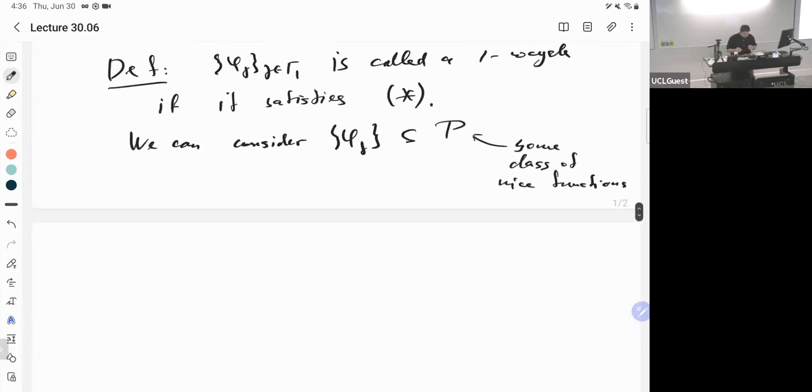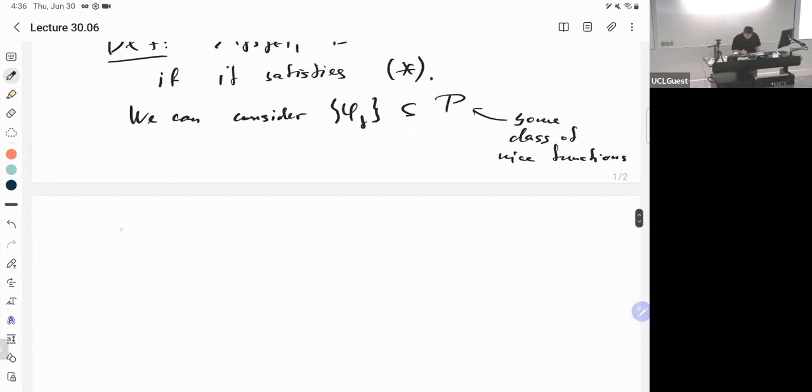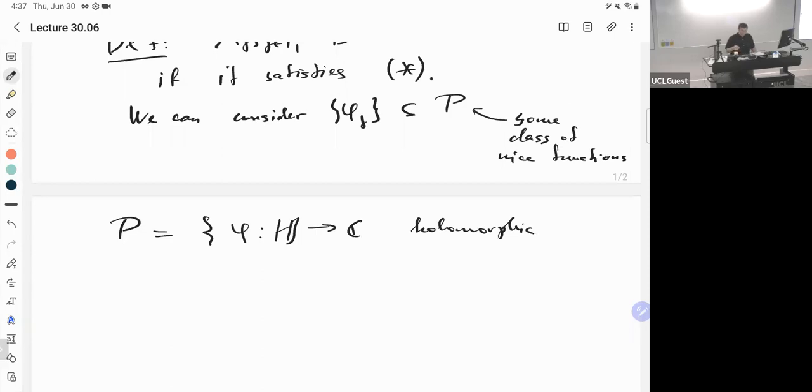But I have a particular class P in mind, which is very important in what follows. So let's call P a class of functions, I'll use phi again, on the upper half plane, holomorphic and of moderate growth.